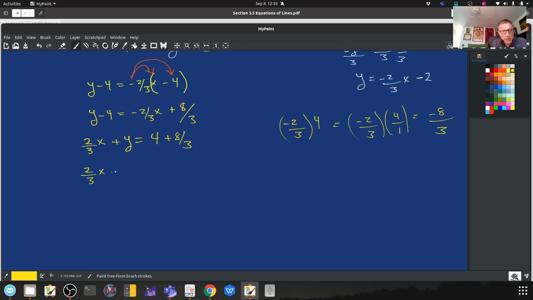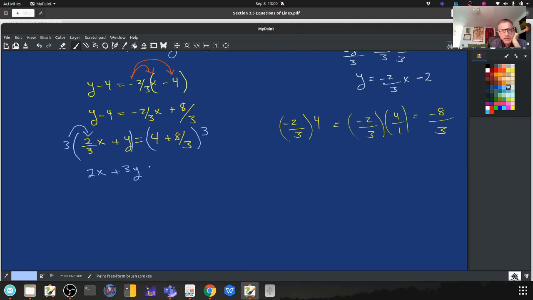Let's do it even a better way. I have two denominators, and they're both 3. So an even easier way to do this is that I always get an equivalent equation if I multiply every term by 3. So I'm multiplying both sides times 3. 3 times 2/3 x is equal to 2x, and 3 times y is 3y.